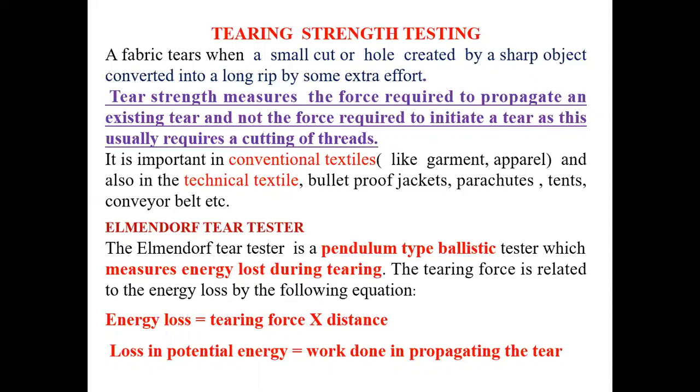And tearing strength is different from the tensile test. In tensile testing, we apply the force along the axis of the fabric. It may be along the direction of the warp or it may be along the direction of the weft, right?